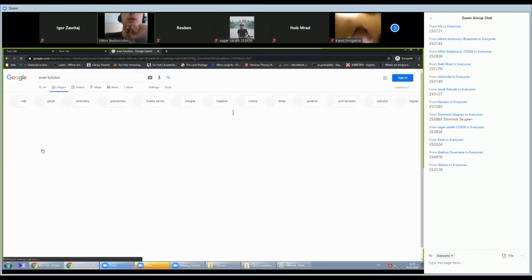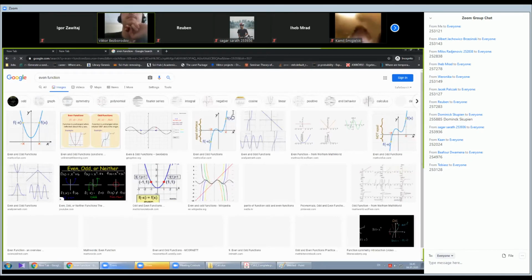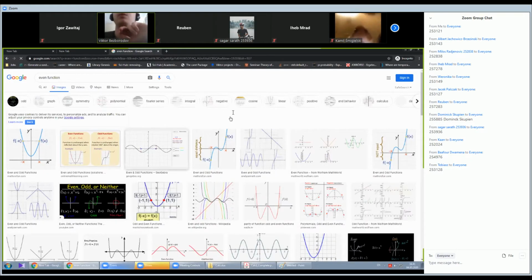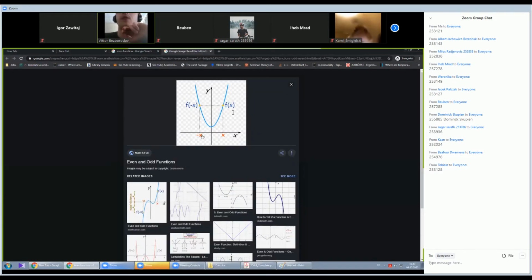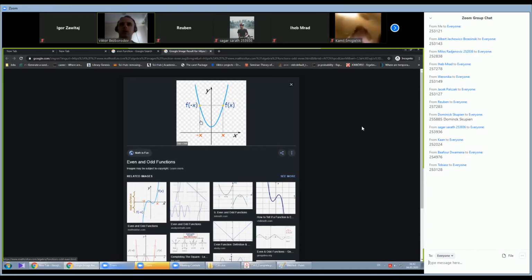So we have an even function. So this is a plot of an even function, right? And then we want to compute the integral, say, from -x to x here. Now, remember that the integral is the area below the graph, right?